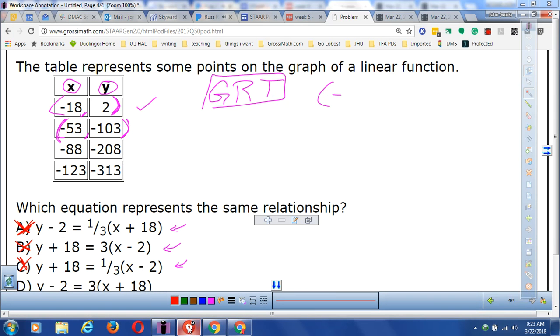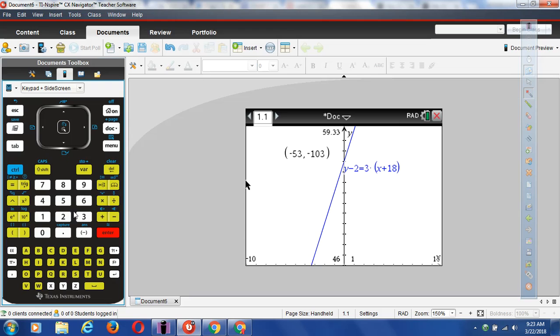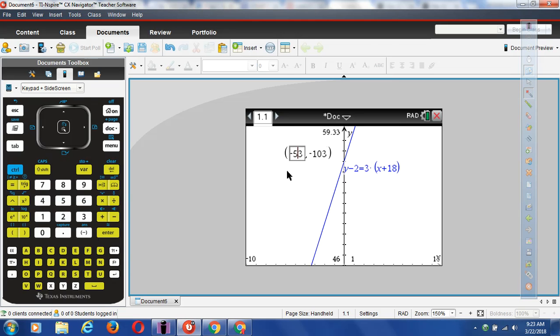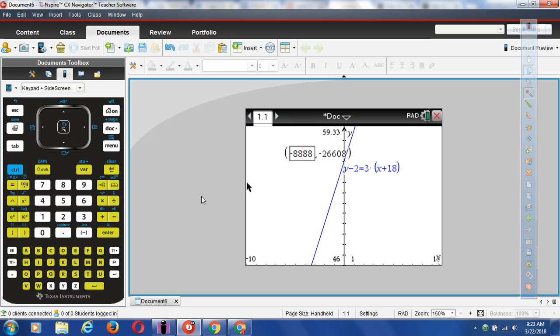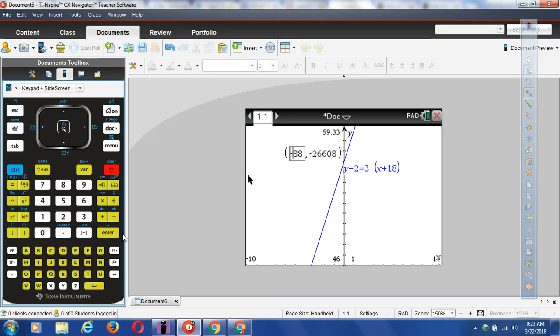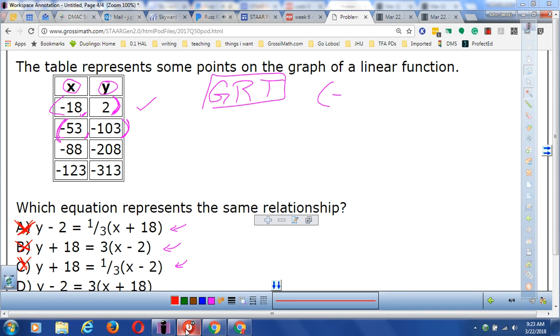Okay? Negative 88. Whoa, I put in a ridiculous number. Don't do that. Okay? Negative 208. Guys, it's going to be the answer. Negative 123.